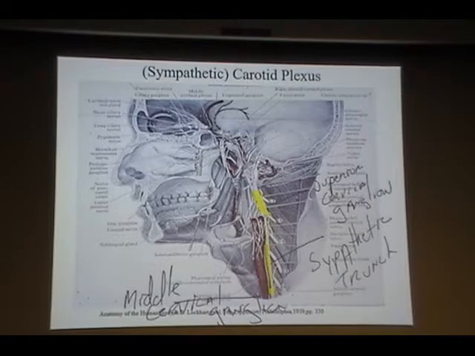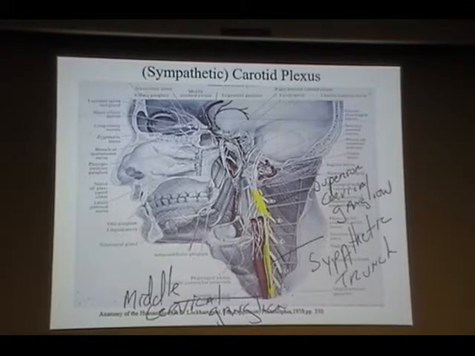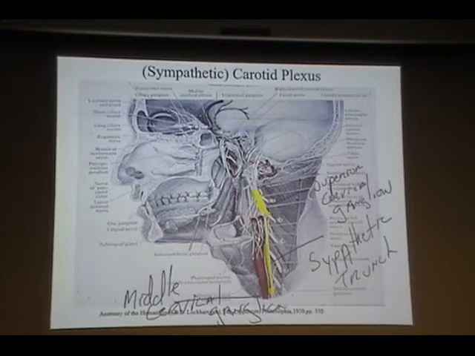Now, these two ganglia are receiving their input from below. Okay? There it is on the floor. All right, so they are receiving input from the preganglionic fibers of the sympathetic nervous system.